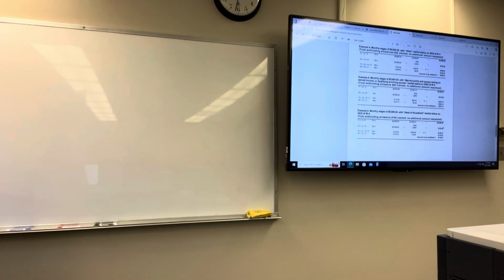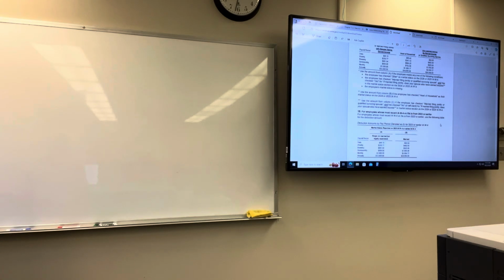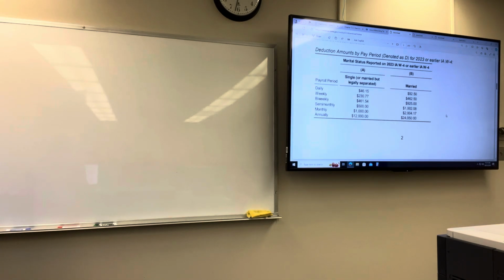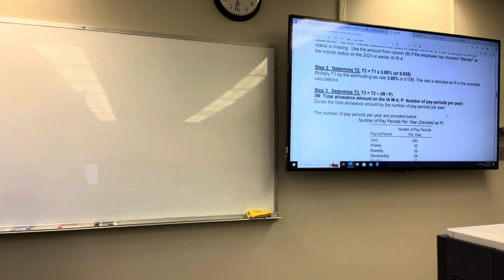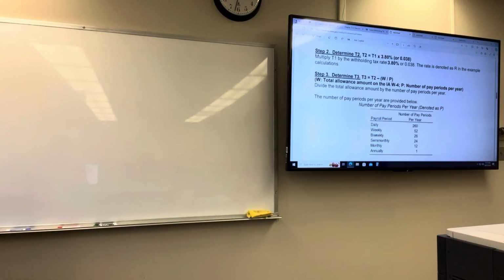I think those are just examples that they have. So for 2025, where is it? Is it starting in 2025? All I see is one tax rate here. It says 3.8%.